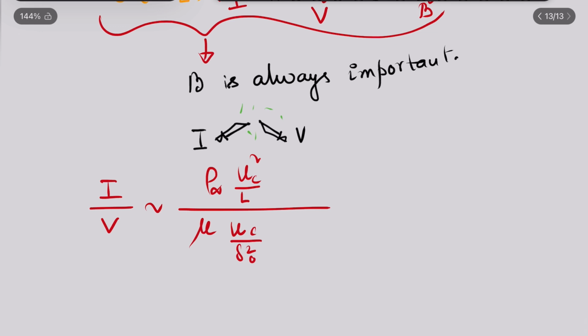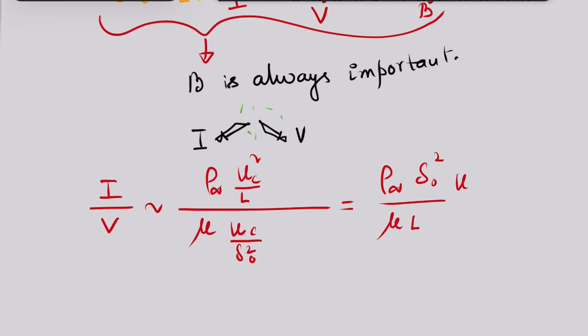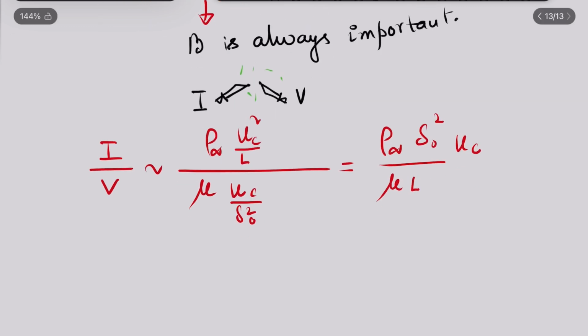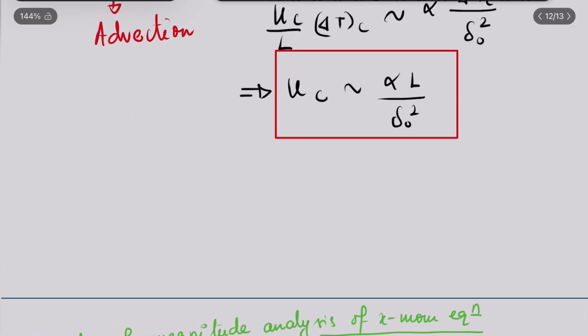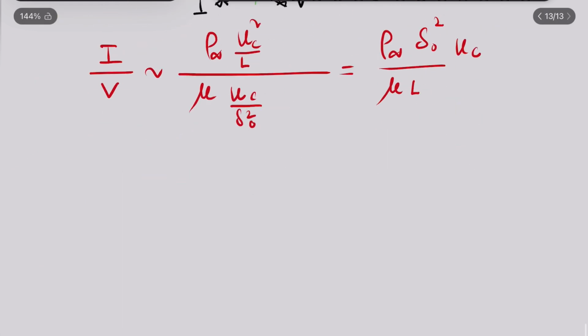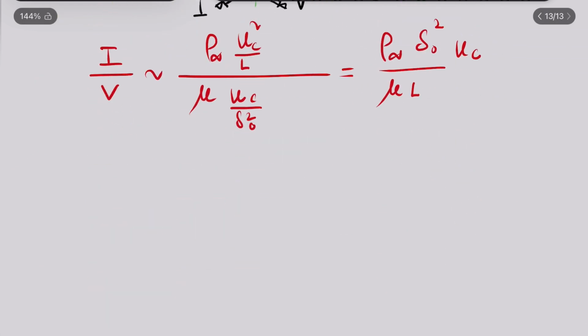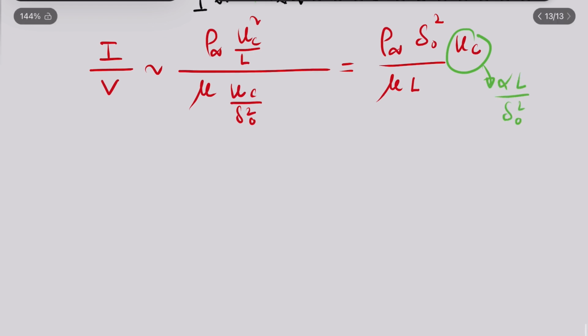So first of all let us simplify this: rho delta naught square by mu L into UC. I think I have not made any mistake. And this UC now we will use, that is alpha L by delta naught square. Clear?